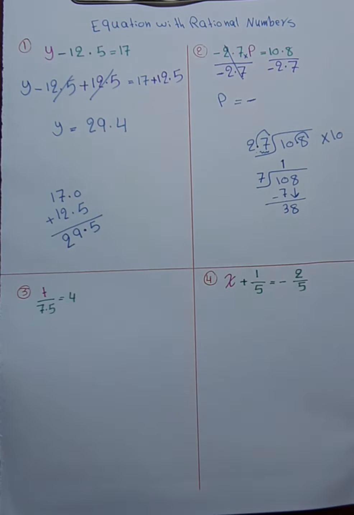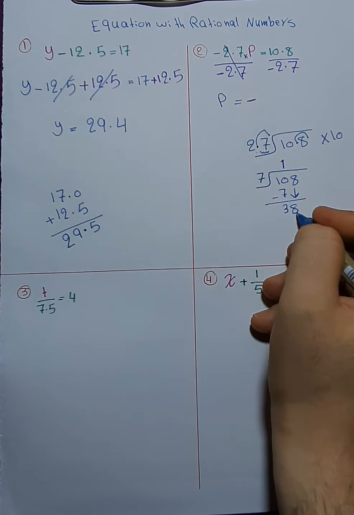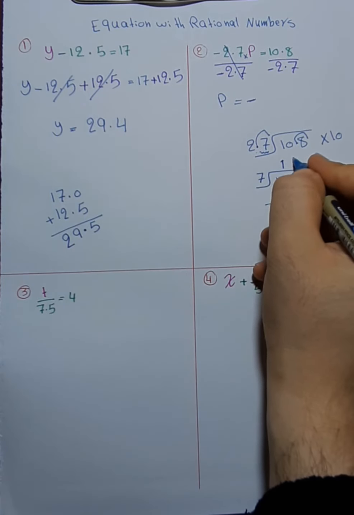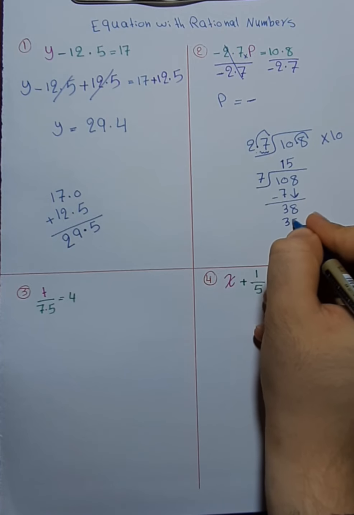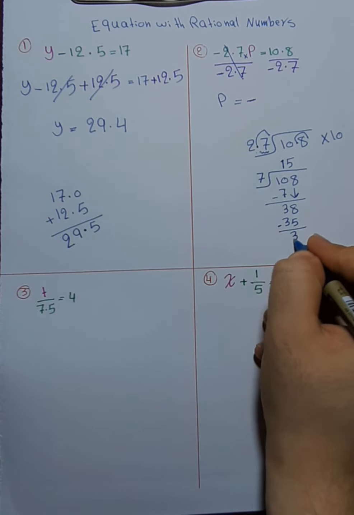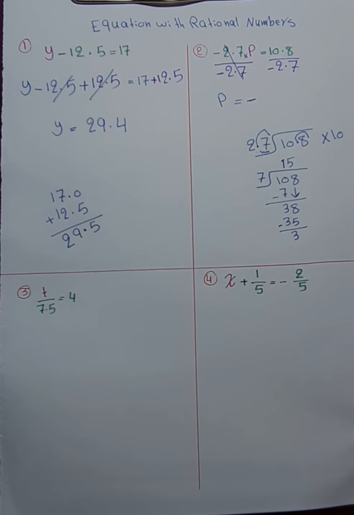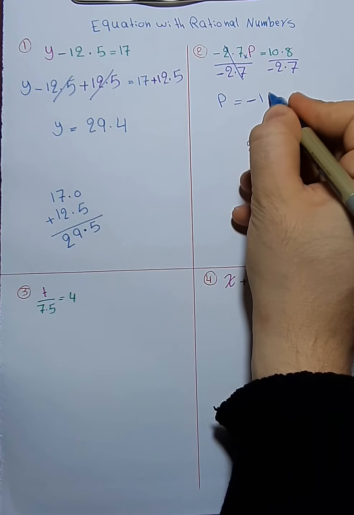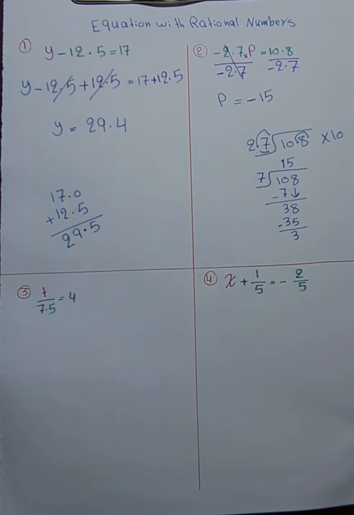Bring down 8. How many 7s are in 38? We have 5. 5 times 7 equal to 35. 38 minus 35 equal to 3. So p is approximately equal to negative 15. Not exactly equal to 15.